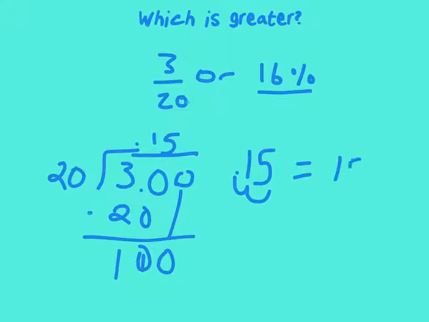Well, which one is greater? 15% or 16%? The answer is still 16%. So any way that you choose to solve these problems, whether it's a fraction, a decimal, or a percent, as long as you convert correctly, you're going to get the right answer, and it doesn't matter which method you choose.